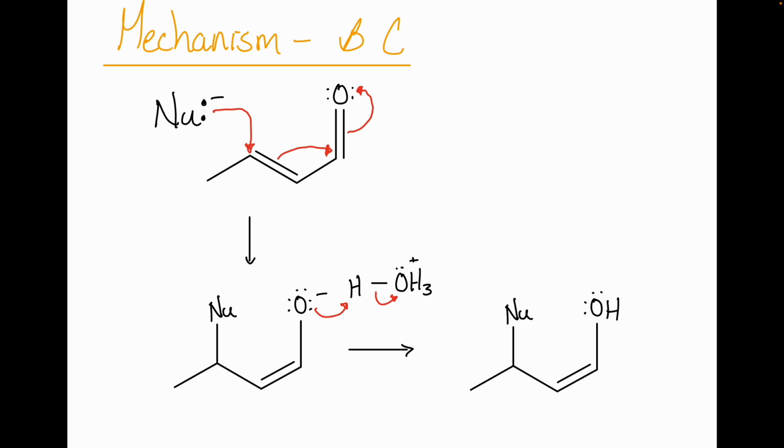What is this product that we've just formed here? We have a special name for this, with the double bond right next to the alcohol group. This is an enol. And what do we know about enols? They tautomerize. This equilibrium very much favors the other tautomer, the ketone. Or in this case, aldehyde.